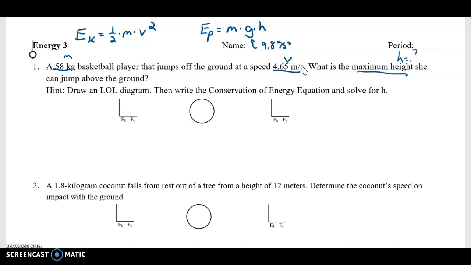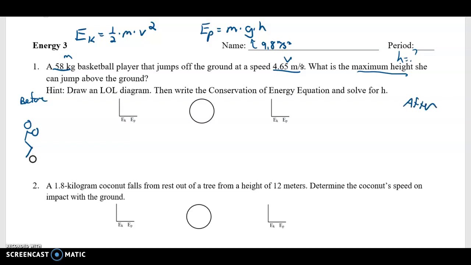And then they're asking for the height that she can jump above the ground. This is dealing with energy because originally this basketball player is holding the basketball, and then they jump up into the air. You kind of think of this like a before and an after thing.